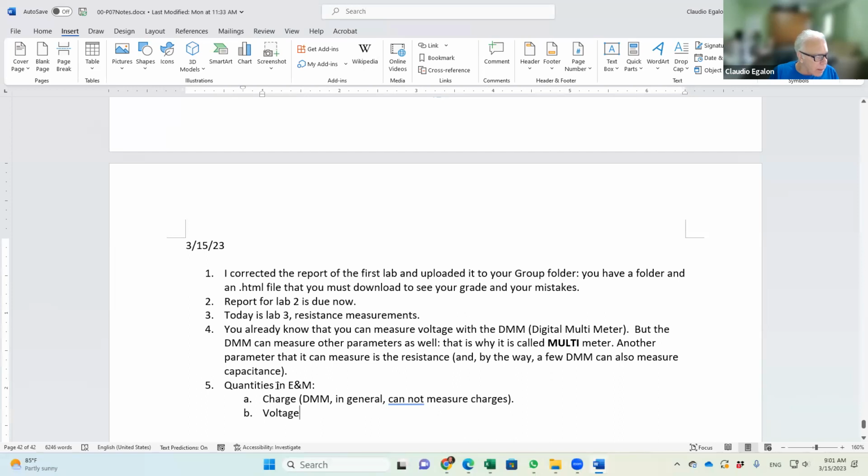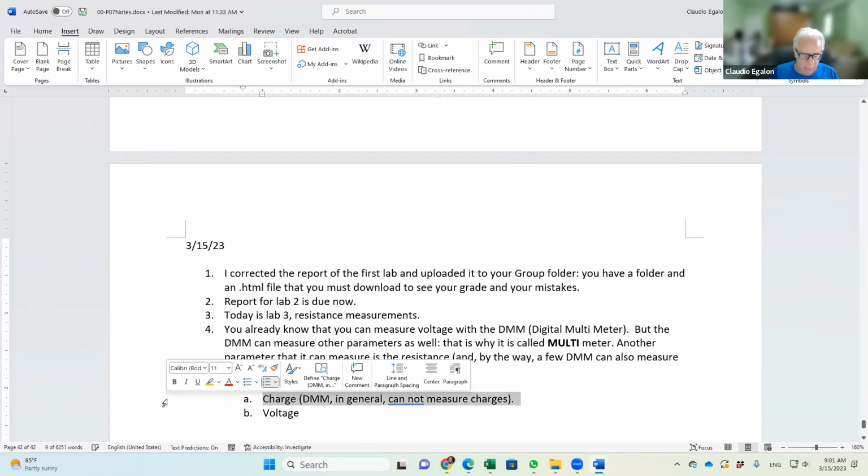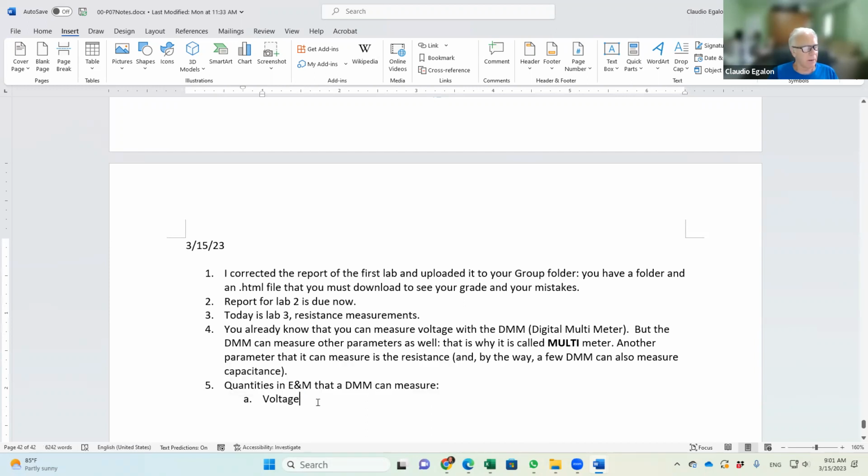Quantities in E&M that a DMM can measure. Well, take out this charge here. Voltage, definitely. Any DMM that you're going to get out there is going to measure voltage. Okay, what else?